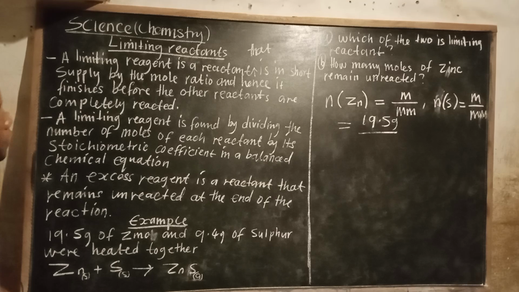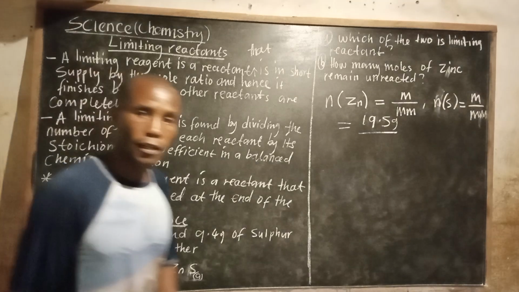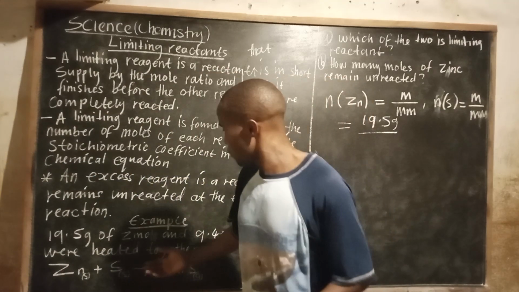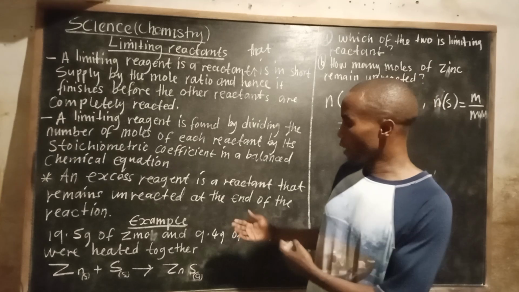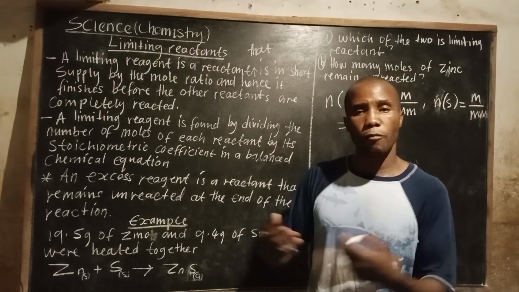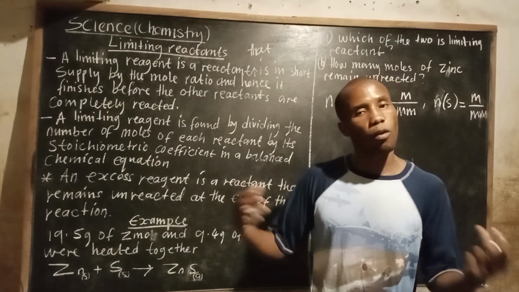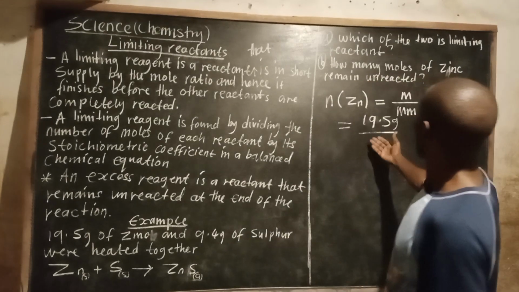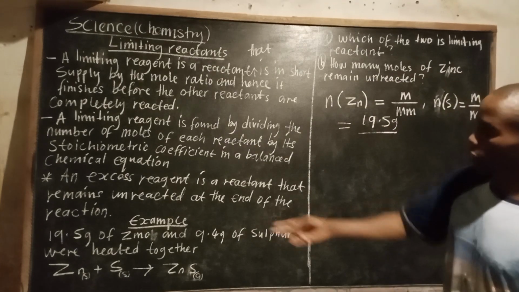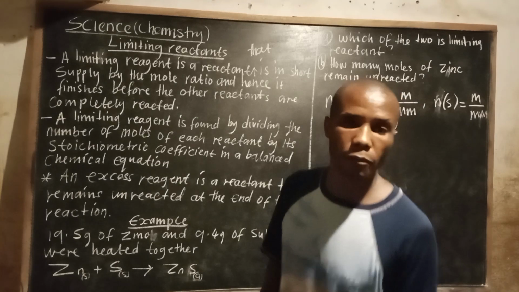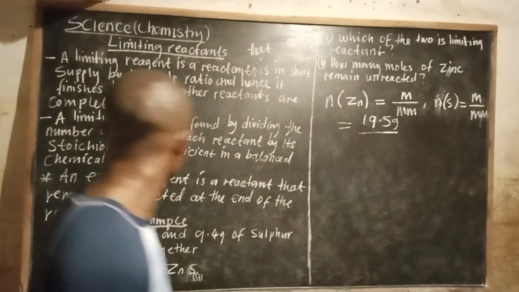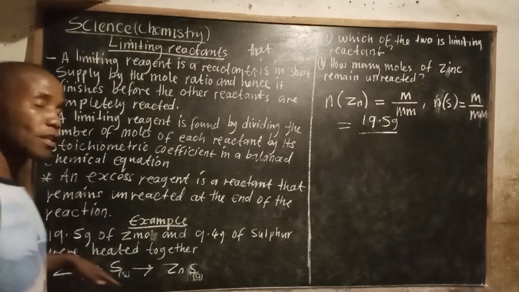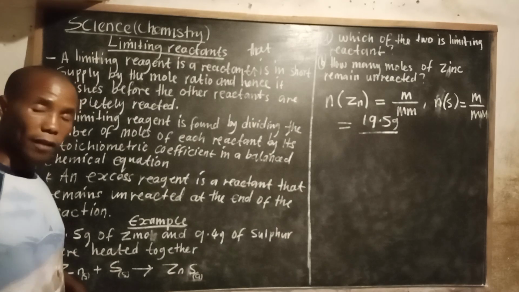The molar mass of zinc you need to calculate, because that is what you started with. In fact, we started by finding the molar mass of a given element and compound. Okay, so we did that. So let us find the molar mass of zinc. So you get the periodic table. When you go on the periodic table there, you are going to see the mass number of this one, zinc.